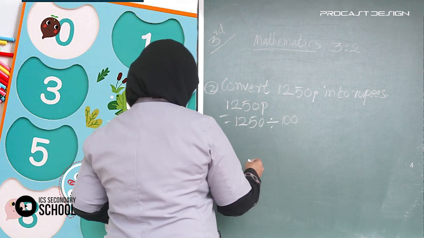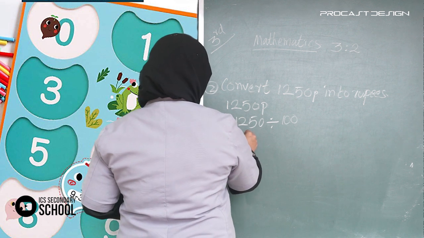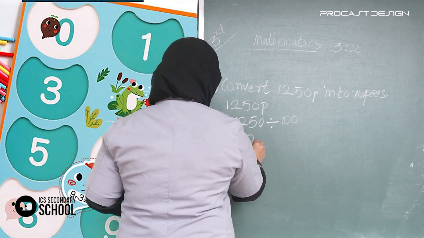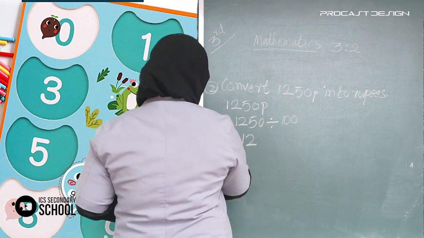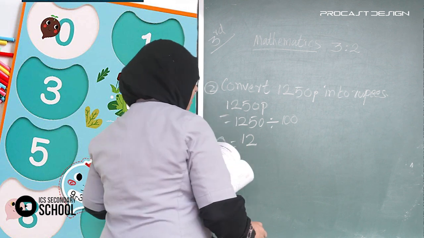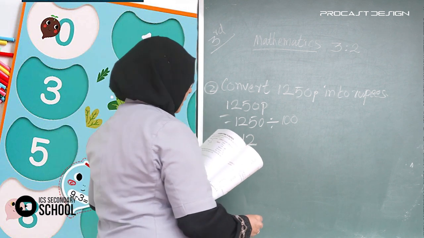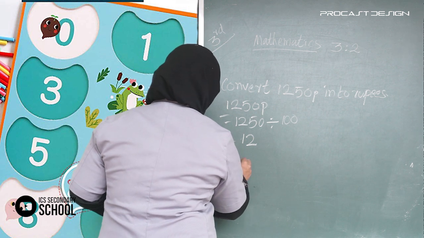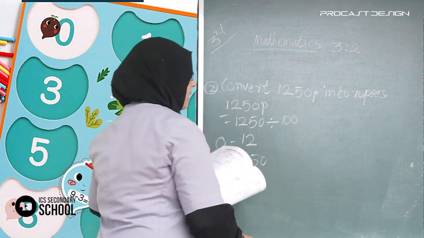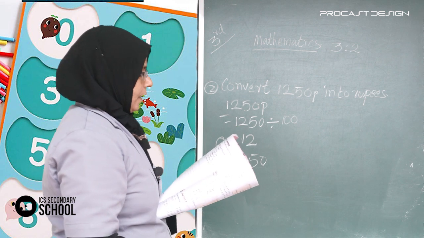Listen, the quotient is 12 and the remainder is 50.